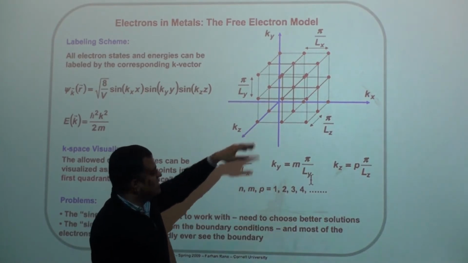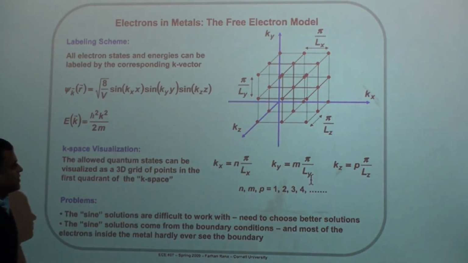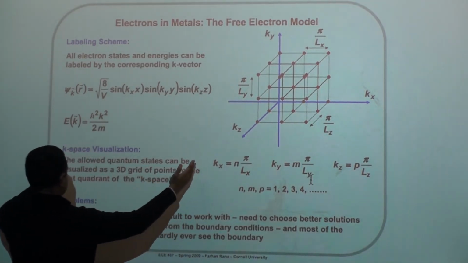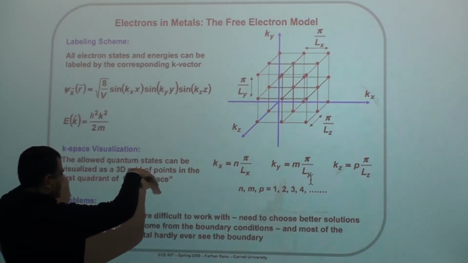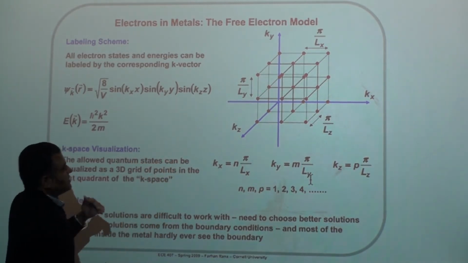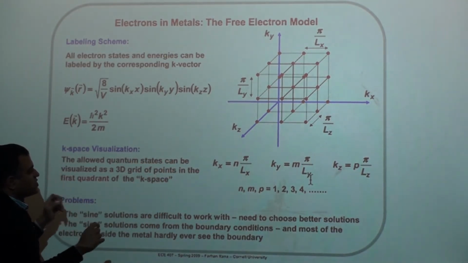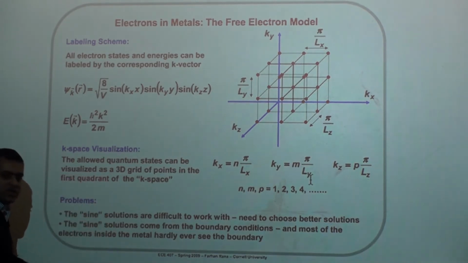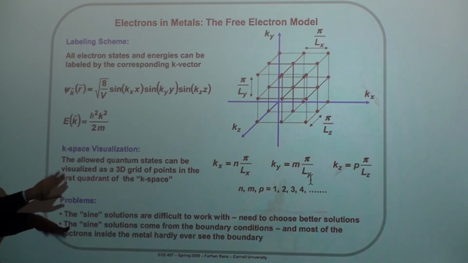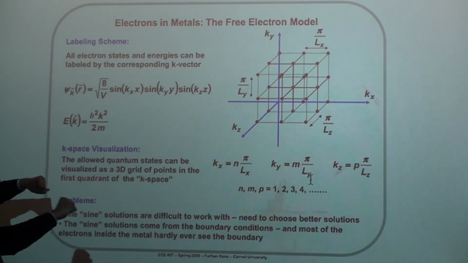In the hard wall boundary condition, physically you are restricting an electron to be between here and here. So the wave function has to go to 0 at the two ends. It cannot be any finite value. That's the physical meaning of it.